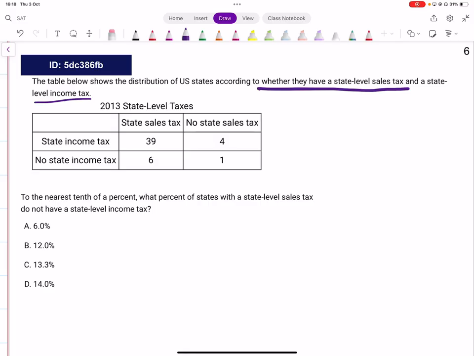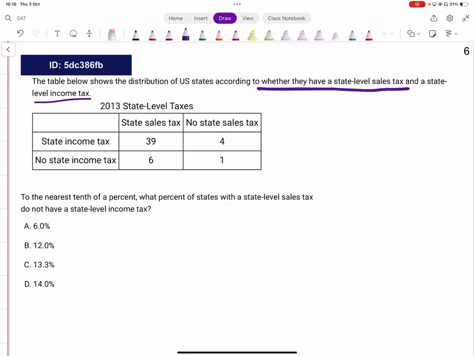So it's like these 39 states have both sales tax and income tax. These 4 have income tax but no sales tax, and so on, right? So you have 4 possibilities here.